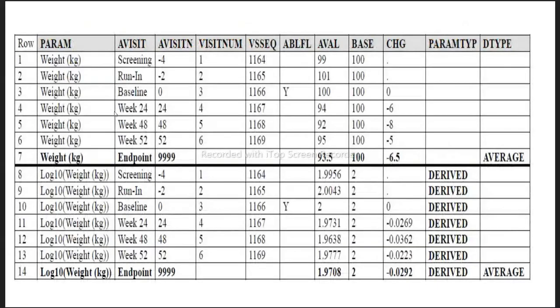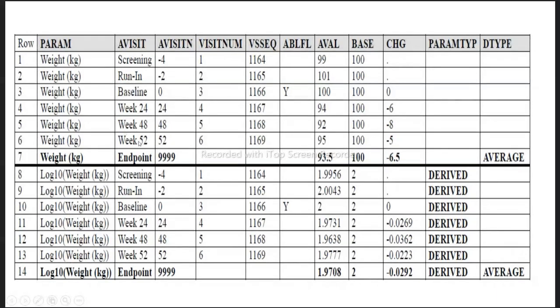Now, in this example, I have 7 observations for weight in kilograms. Actually, we have only 6 observations for weight in kilogram. The first one is screening, second one is running, third one is baseline, next week 24, week 48, week 52.